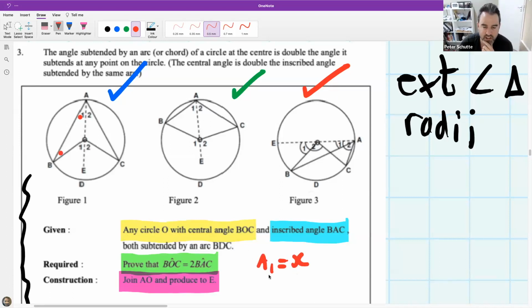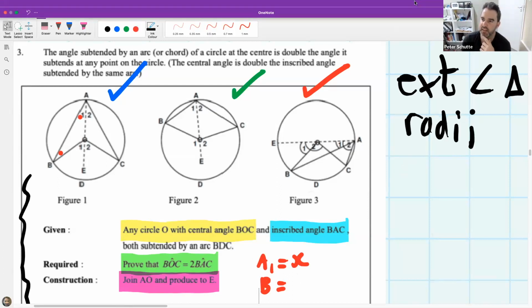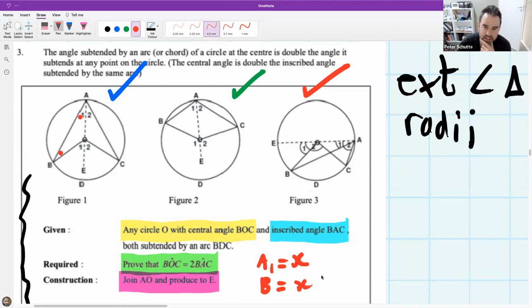What is the size of angle B going to be? If I know A1 is equal to X, what is the size of angle B going to be? And then we'll take a break in a moment. So B is going to be X, and the reason is radii. Okay, awesome.